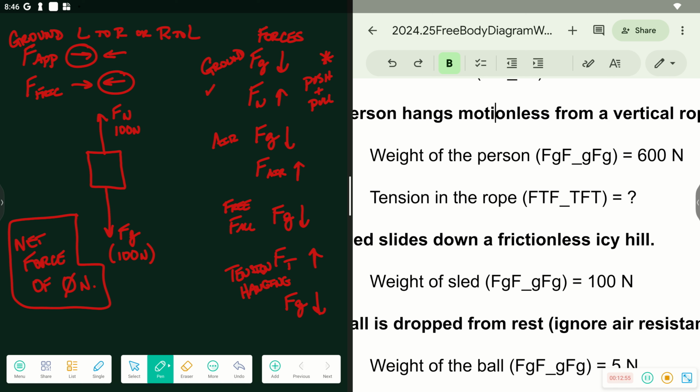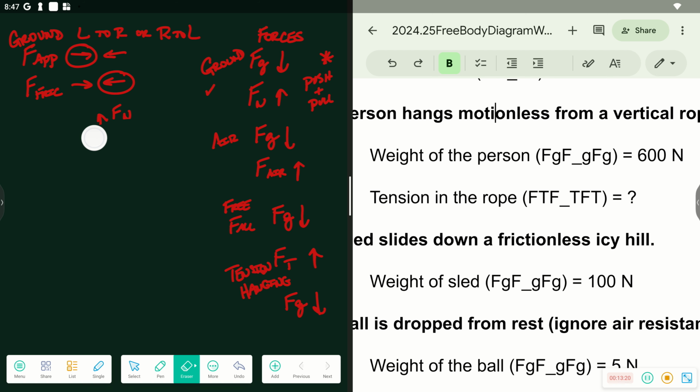So because there is a net force of 0, it's going to continue in the direction it moves until an unbalanced force acts upon it. Okay, again, keep that in mind. That's the first law of forces. All right. So that's the sled sliding down a frictionless icy hill. All right. Let's do the next one.